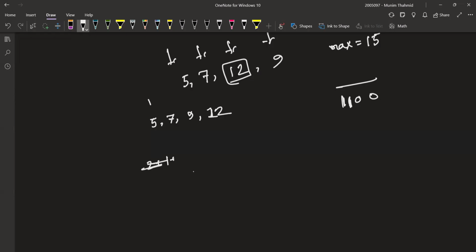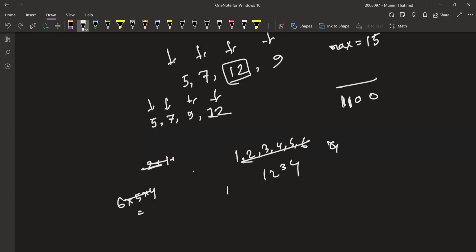First of all, how many loops are we going to have? 1, 2, 3, 4, 5. Usually it is 6 into 5 into 4. What is second? I'm a bit confused. Usually it is like 4 into 3 into 2, 24.